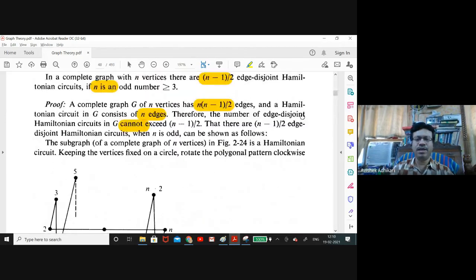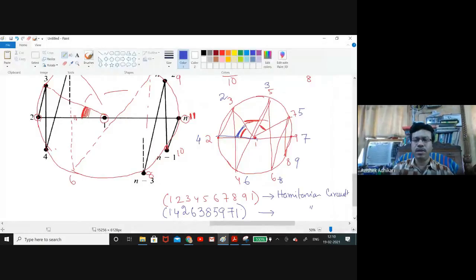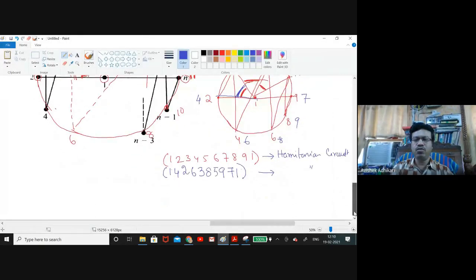The number of edge disjoint Eulerian, sorry, Hamiltonian circuits will be n minus 1 by 2, and all of them are edge disjoint. That is very important. And that is what we want to find in case of this seating arrangement problem. So I have already given you two of them.